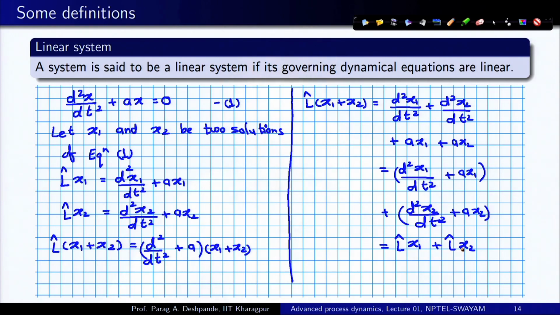So, the first property of linearity is indeed satisfied.